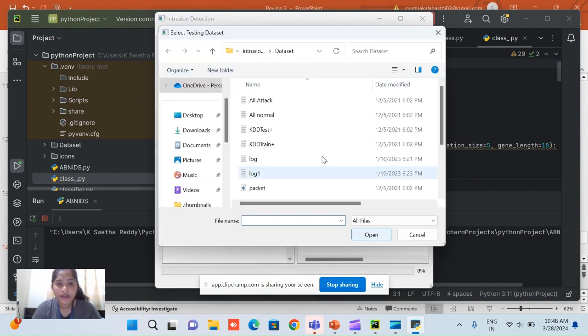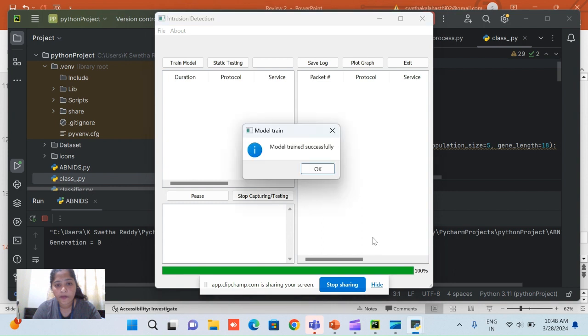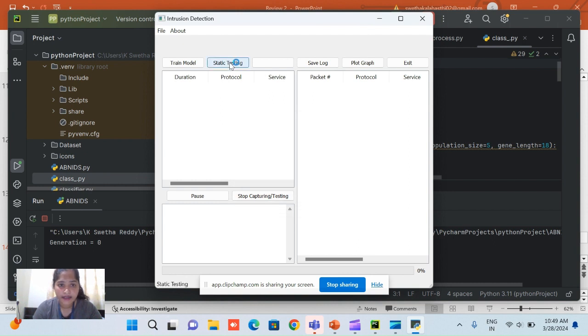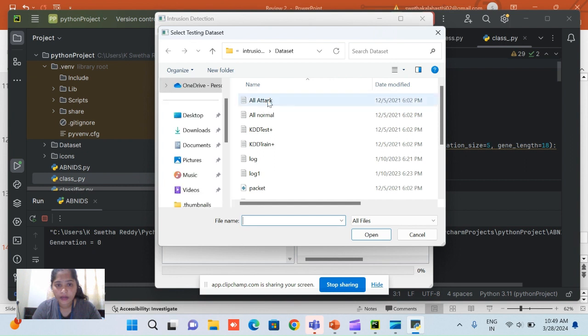Again we move to all normal and open. We got the model trained successfully, right? Then we click OK. Now static testing. Again all attack, open.